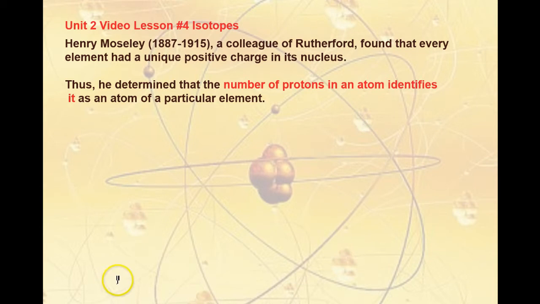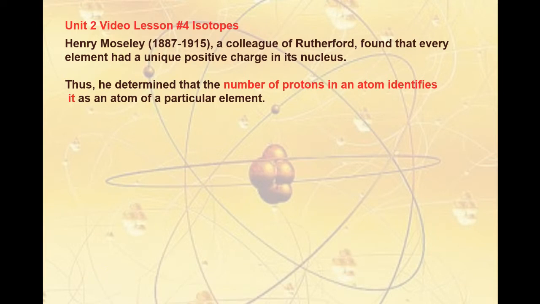What I mean by a unique positive charge is that he determined that every element had a unique number of protons in the nucleus, and that this number of protons in an atom identifies it as an atom of that particular element. So the number of protons identifies the atom, and it never ever changes. All atoms of the same element have the same number of protons.